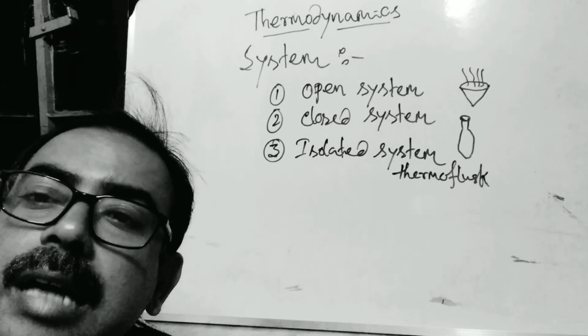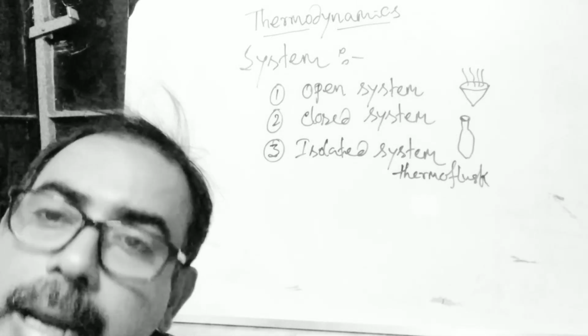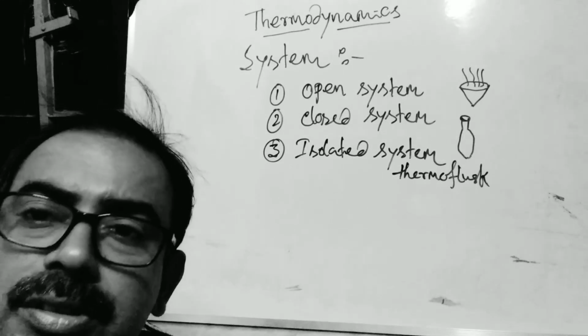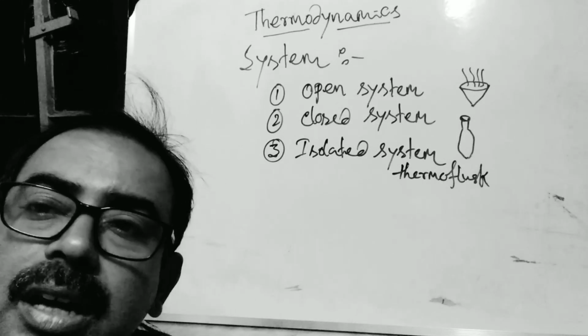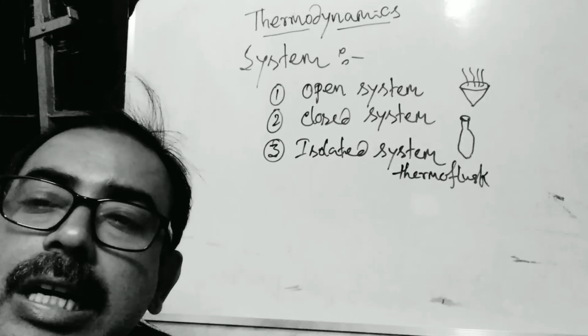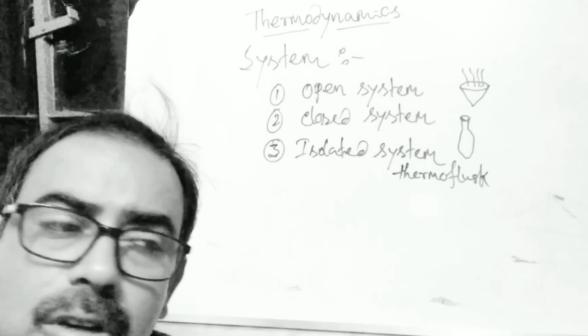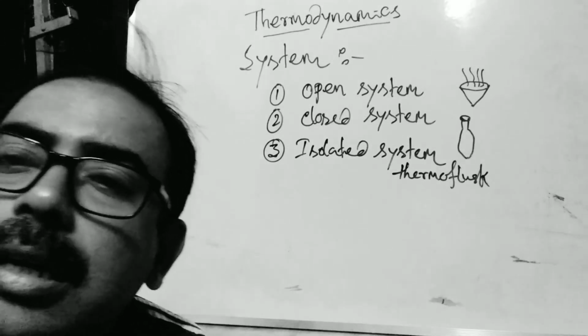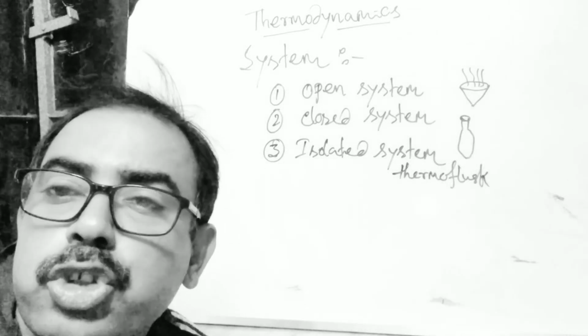Now these functions are divided into two categories: state functions and path functions. What is a state function? State functions are those properties or functions which do not depend upon the path of the change.